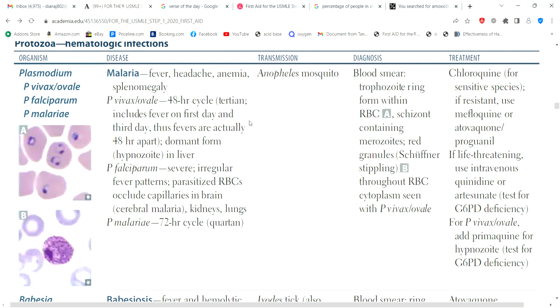For hypnozoite, test for G6PD. So mefloquine for travelers to chloroquine resistant areas. So if somebody is traveling to chloroquine resistant areas, you want to give atovaquone-proguanil or mefloquine.